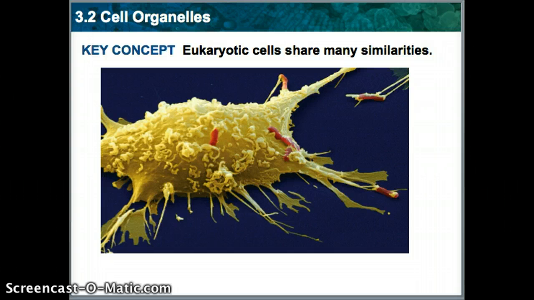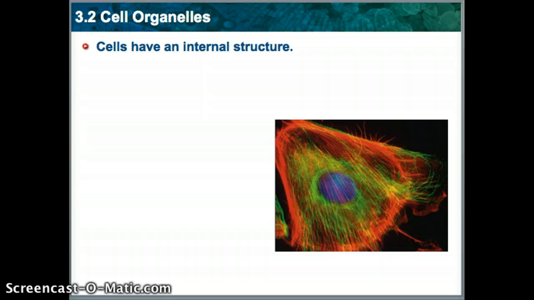So the key concept, as you can see here, is that eukaryotic cells share many similarities. Cells have an internal structure, and the structure is called the cytoskeleton. And the cytoskeleton is composed of microtubules.